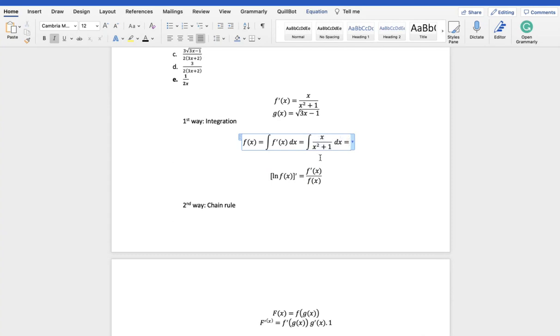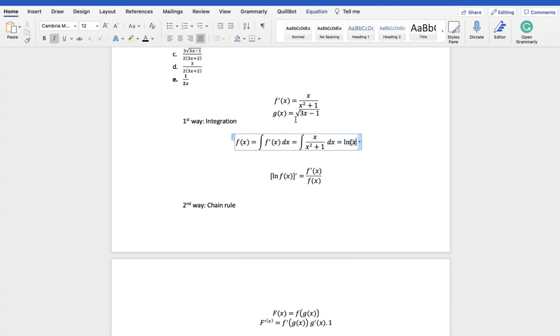It just so happens that our case is a bit easier because if you derive the denominator that we have here, you get 2x, right? But in the numerator we only have x. So all you have to do is just divide your ln in the solution by 2.